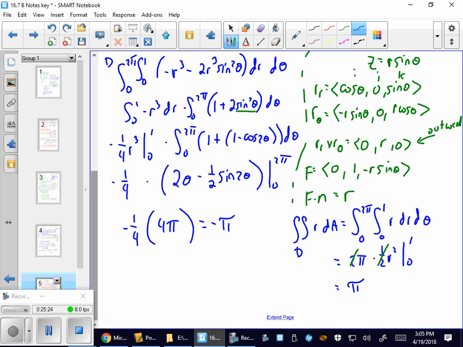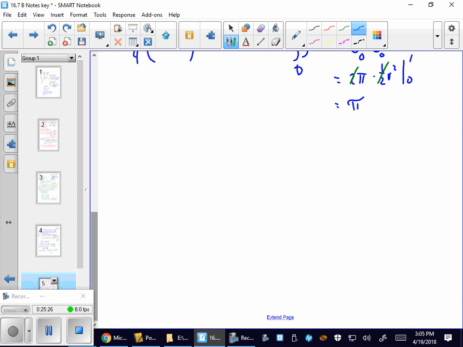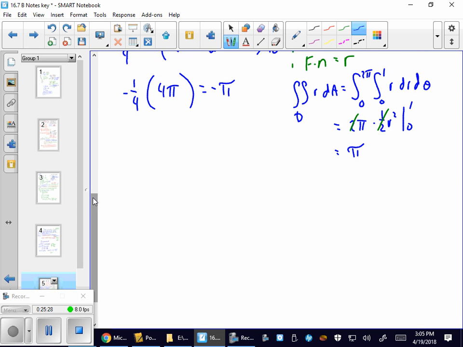So the total flux is the sum of those two surfaces, which is 0. Kind of an interesting, I don't want to make that a sad face, more of a, like a, really?